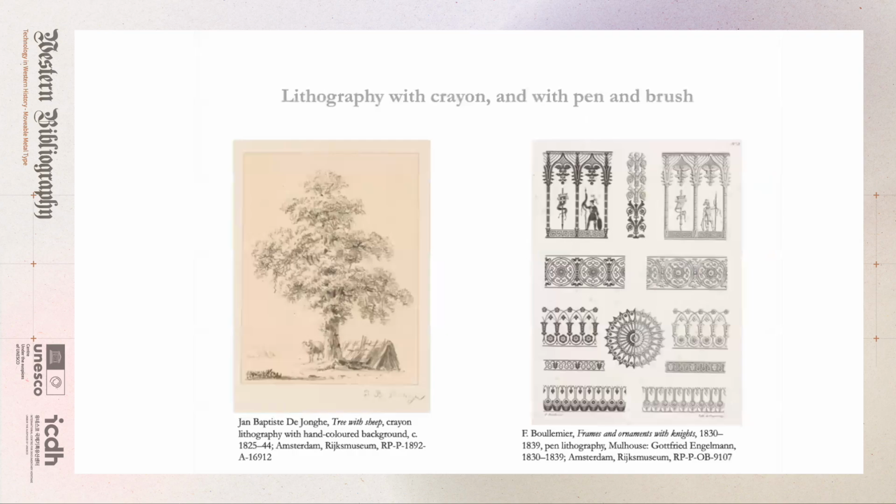2 main working manners were used in lithography. Left, drawing with an oily crayon stick, and right, drawing with a pen or brush with special drawing ink. The majority of lithographs were in black only, but soon enough Senefelder was also capable of printing with color printing inks.